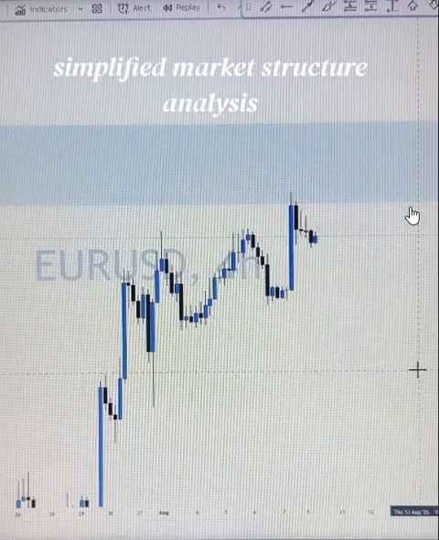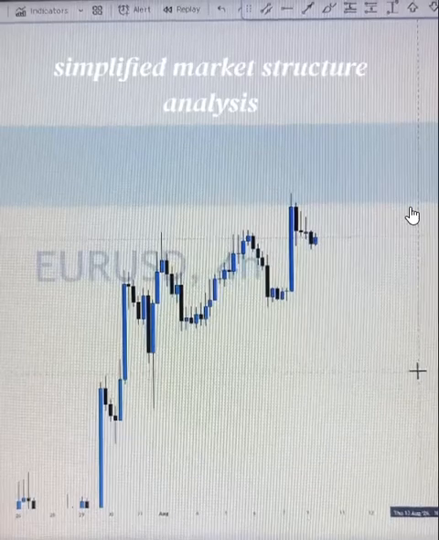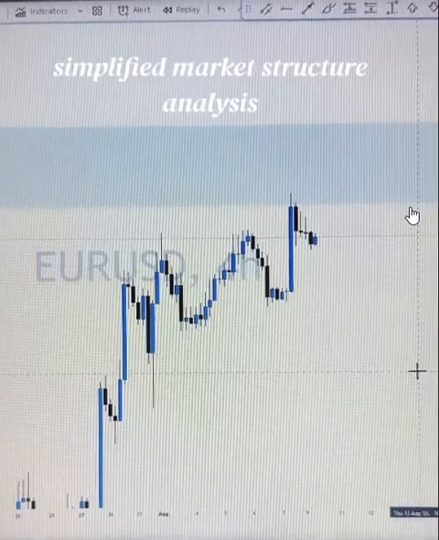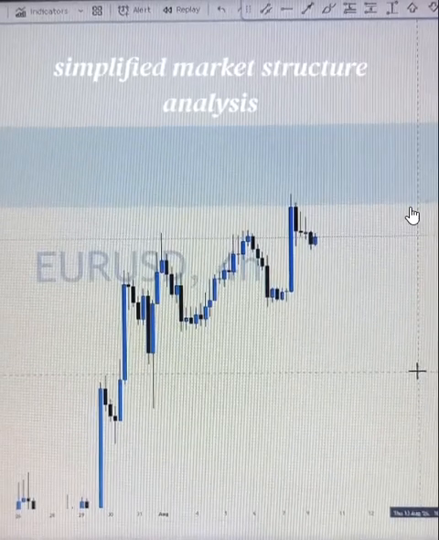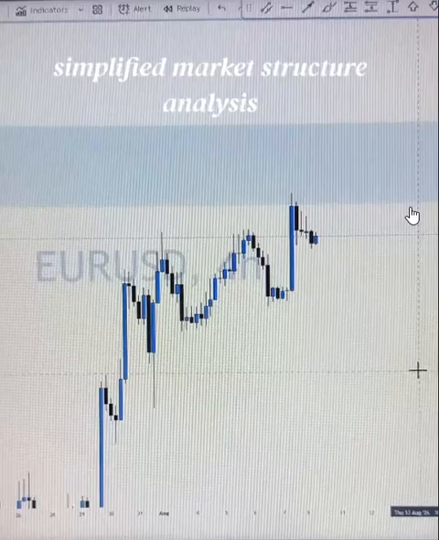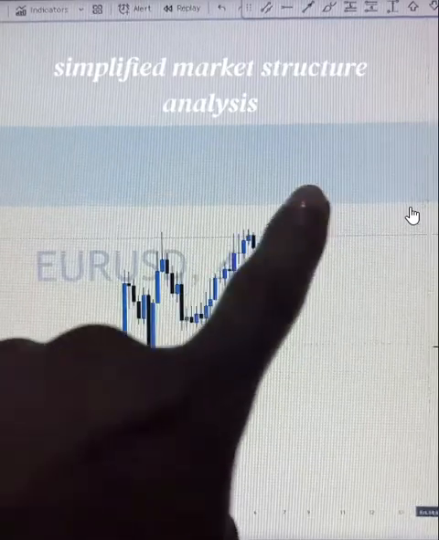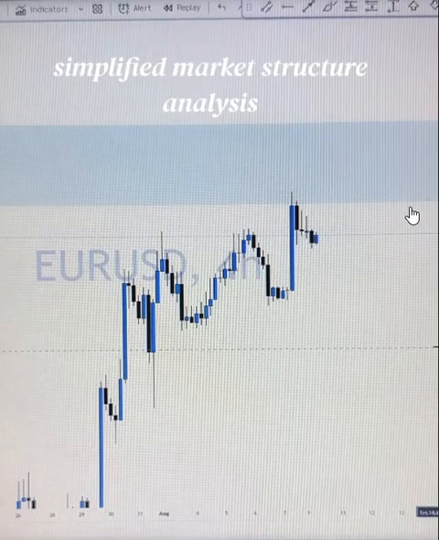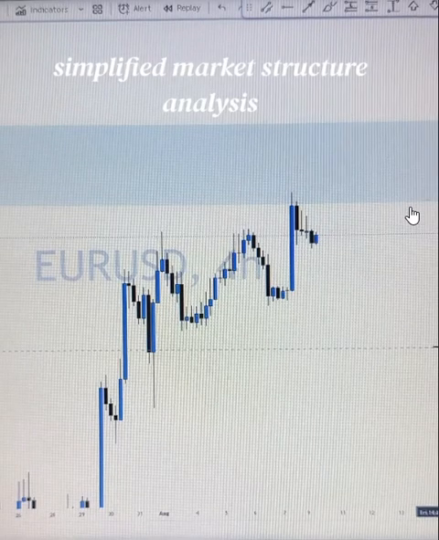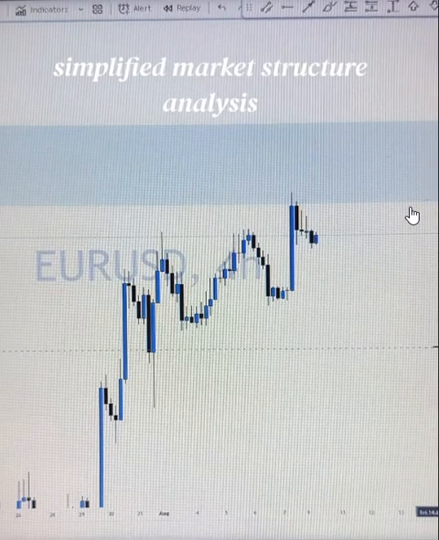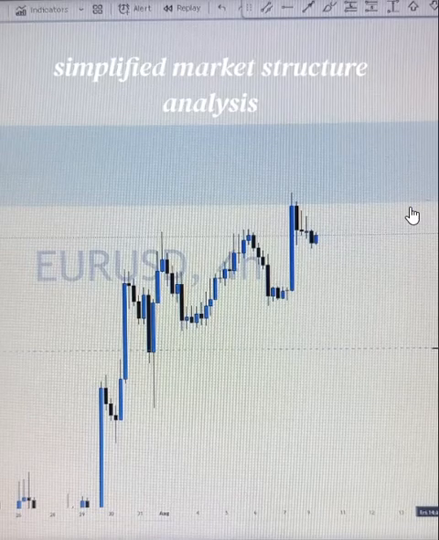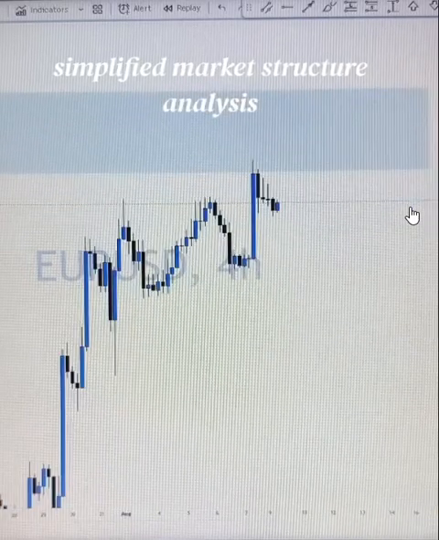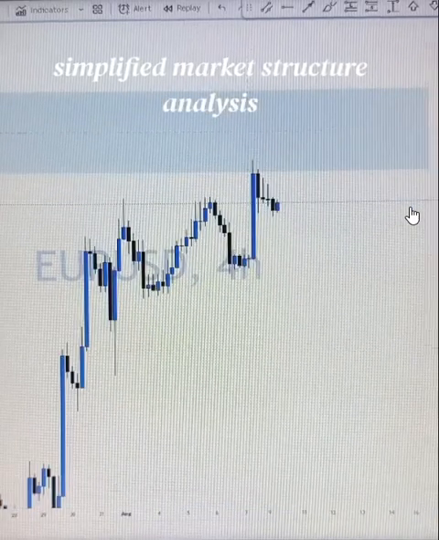So the next thing we want to do, someone said, find key level, wait for formation. This is it. Remember, one thing I teach you guys is market structure and time frame alignment.